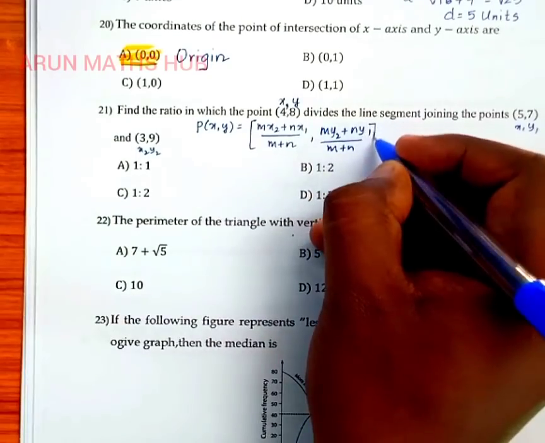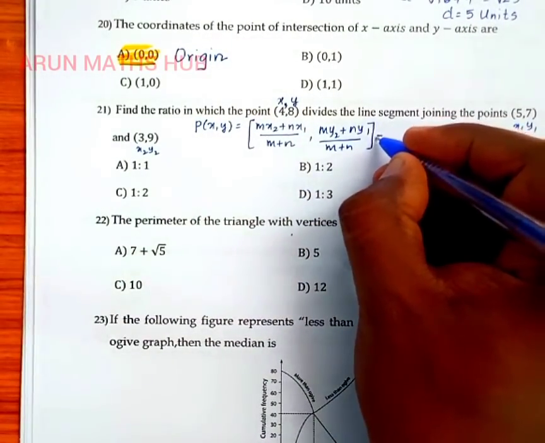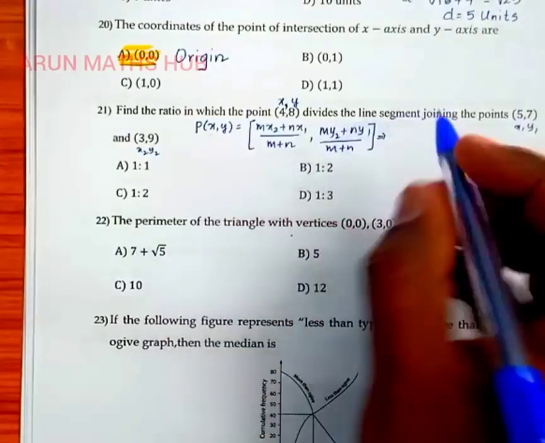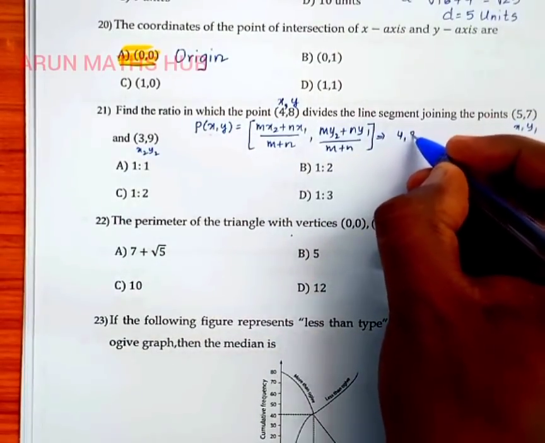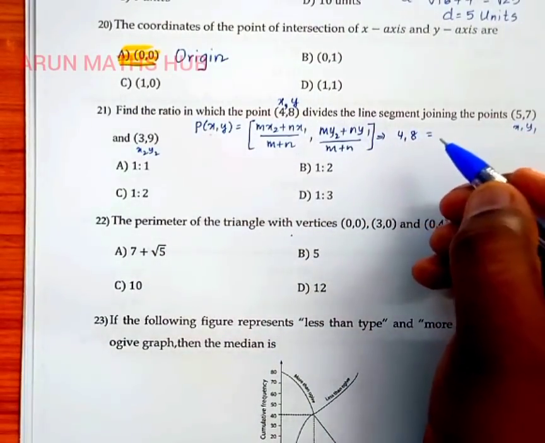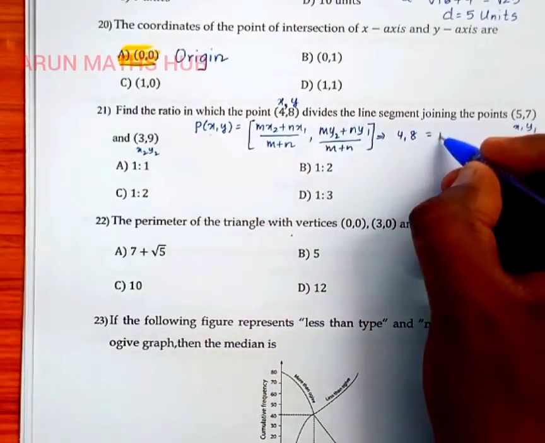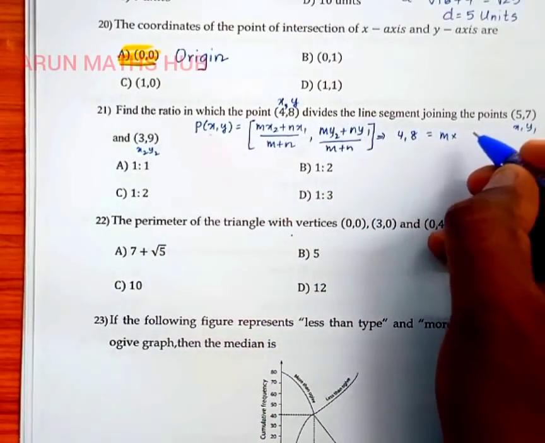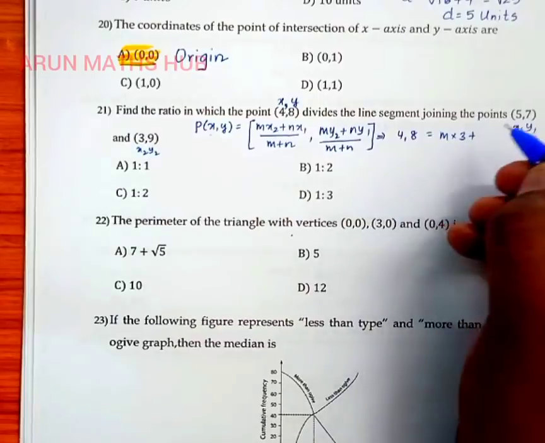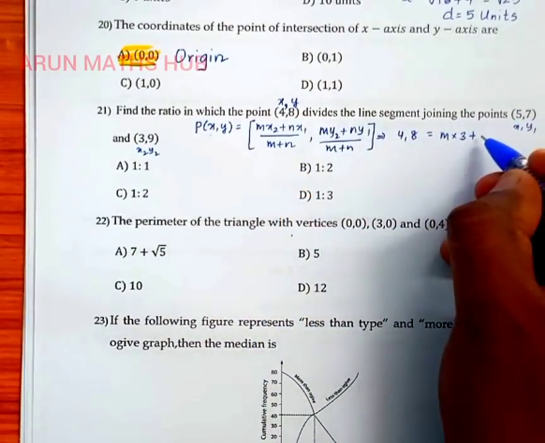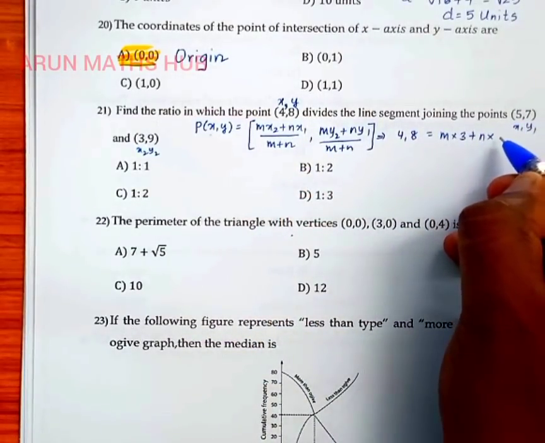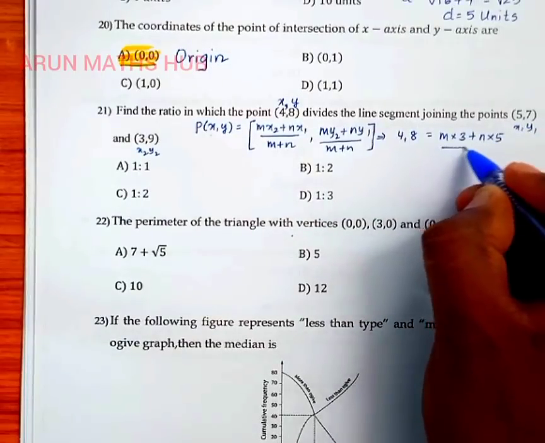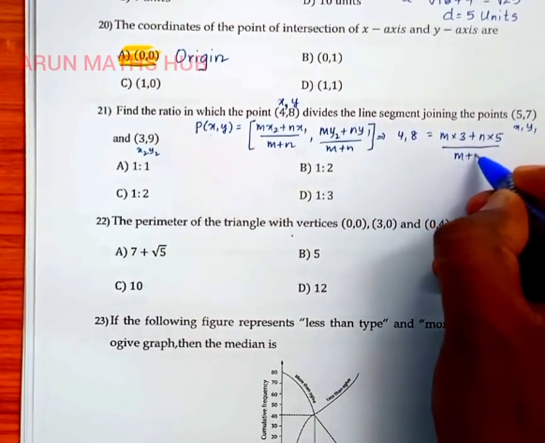Now substitute all the values in the given formula, that is P of x, y is 4, 8, which is equal to mx2, that is m times x2 which is 3, plus n times x1 which is 5, divided by m plus n.